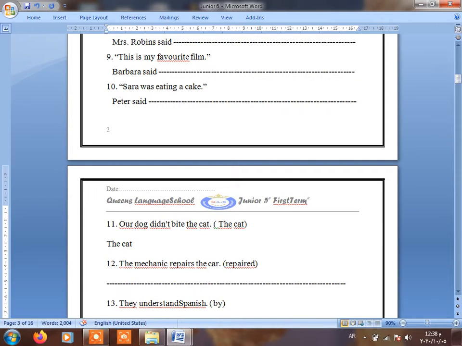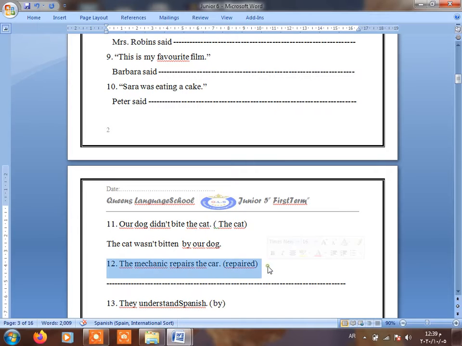If it's past simple, I cannot put am or is or are. So what's the past of am or is or are? It was or were. So the cat was bitten or wasn't bitten. It's didn't here, so I have to make it negative. Good job. So it will be wasn't bitten by our dog.